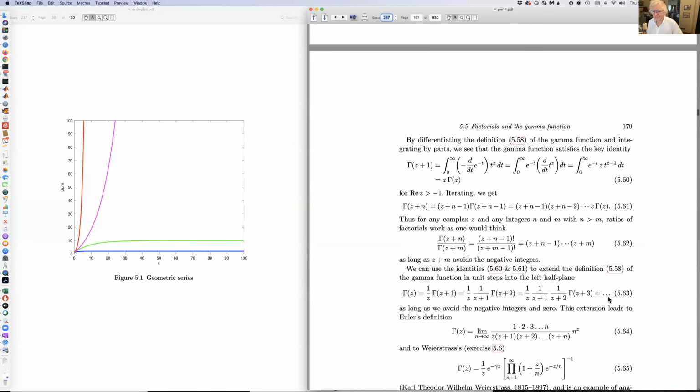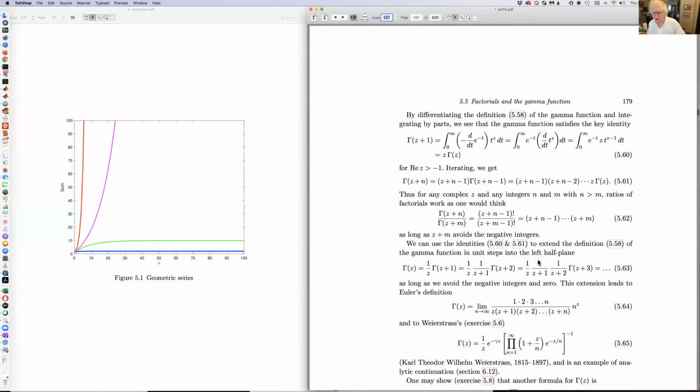And so for any complex number z, and integers n greater than m, the ratio of the two gamma functions, which is the ratio of the associated factorials, is just a bunch of products, as long as we avoid negative integers.